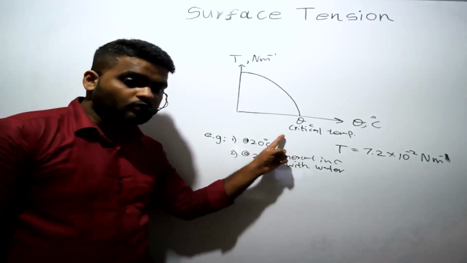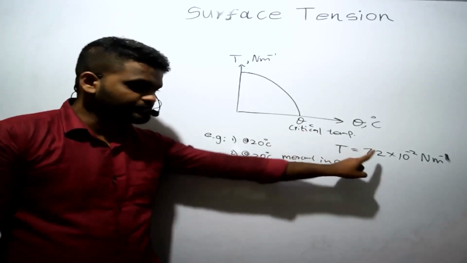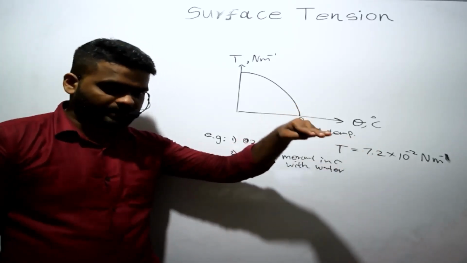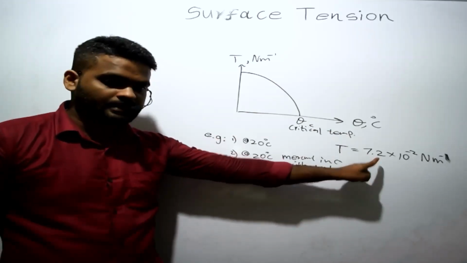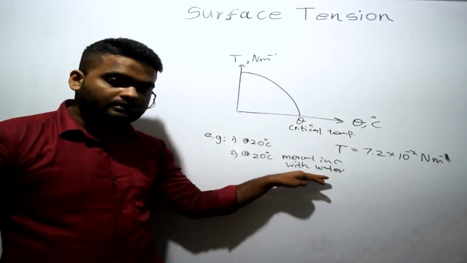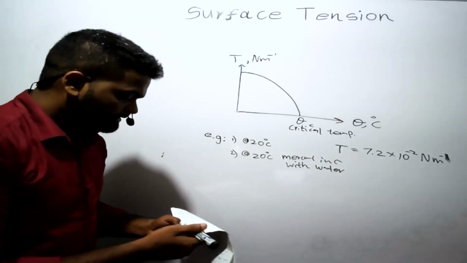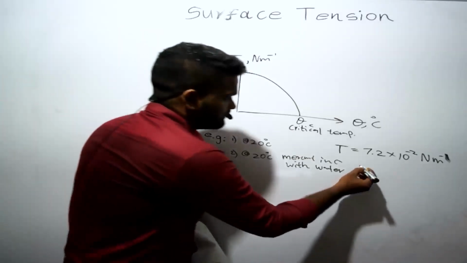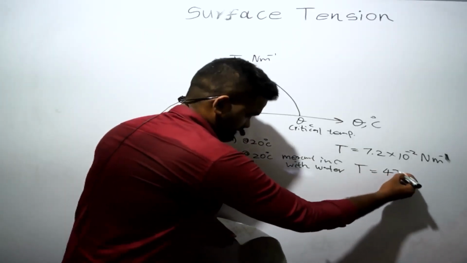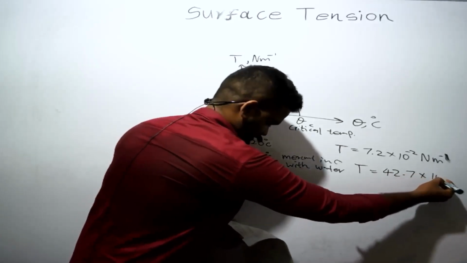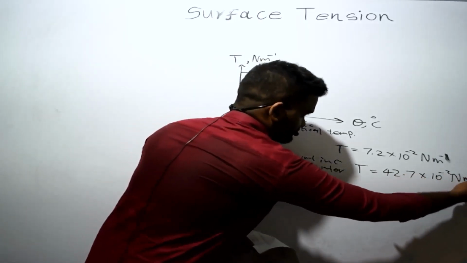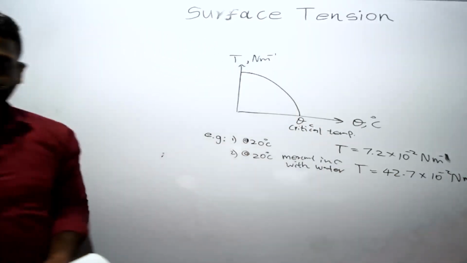Here, water with air, we have this value. Here we have water and mercury in contact, then that value is this much, newtons per meter. Take it down.